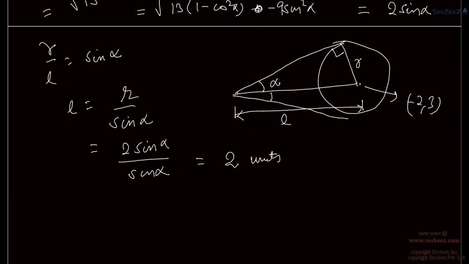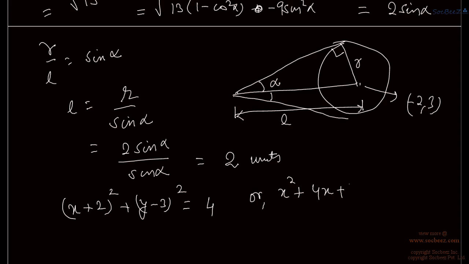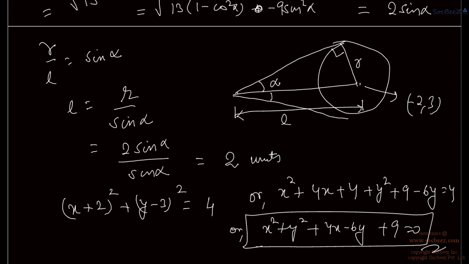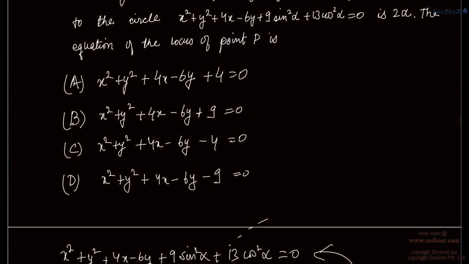So we have the equation of the circle as x plus 2 square plus y minus 3 square is equal to 4, which we can write as x square plus 4x plus 4 plus y square plus 9 minus 6y is equal to 4, or we can write it as x square plus y square plus 4x minus 6y plus 9 is equal to 0. Okay, so option B is the correct one.